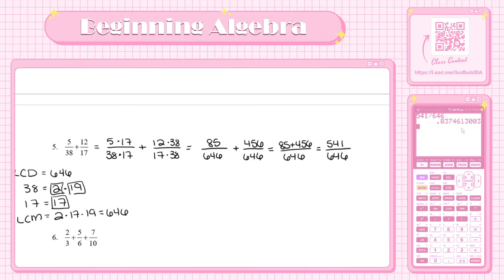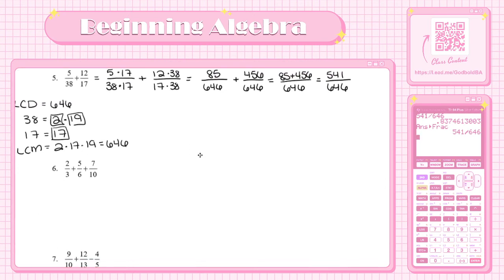It's going to give you a decimal, which isn't really helpful. But if you do math and then fraction, it'll convert it back to a fraction. And if that fraction could simplify, it would give you the simplified fraction. Okay. So if you don't have a TI-84 or TI-83, or you're not allowed to use a calculator, you can't do this, but you can still do it by hand as we just did.